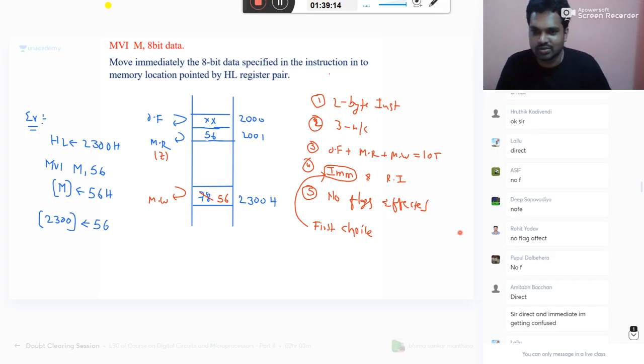You are asking good questions, but in a wrong way, I think. So ask clearly. One confusion here: 8-bit data is moving to 16-bit HL. No, Chanakya, please tell me, were you in the class from the beginning or not?